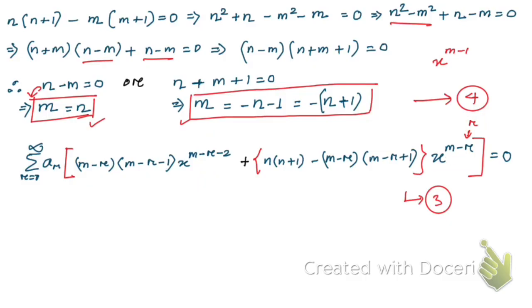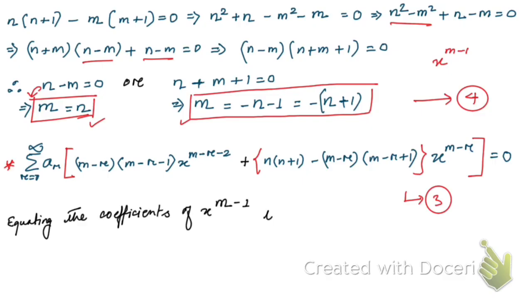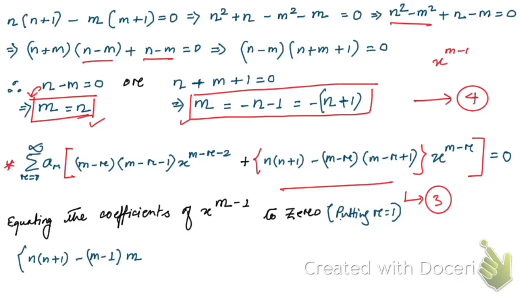Now, equating the coefficients of x to the power m minus 1 to 0, putting r is equal to 1, we're going to have this coefficient, right? This is the coefficient.